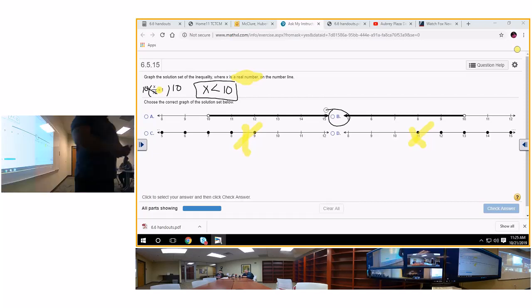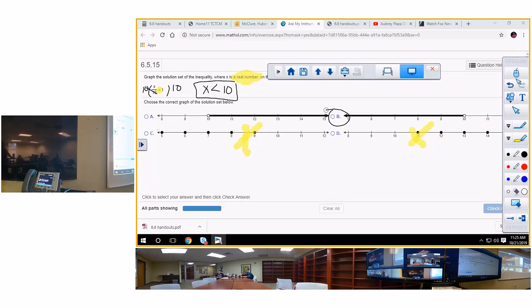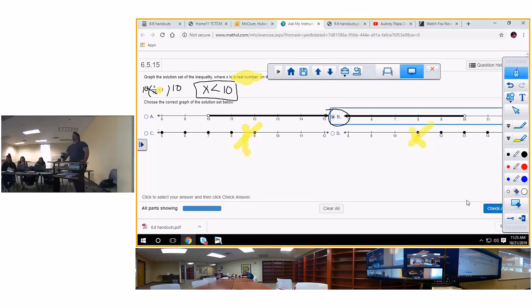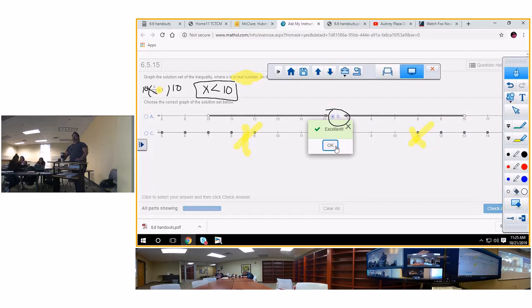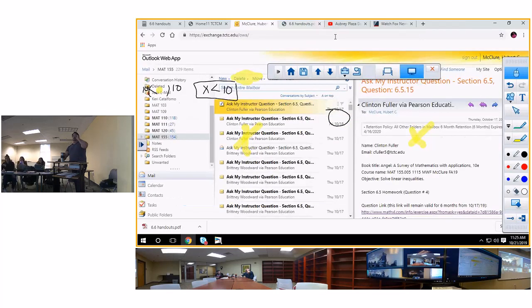So B is your answer. Okay, so that's that one. Is that a test question? Yes, it possibly could be a test question. Next question.